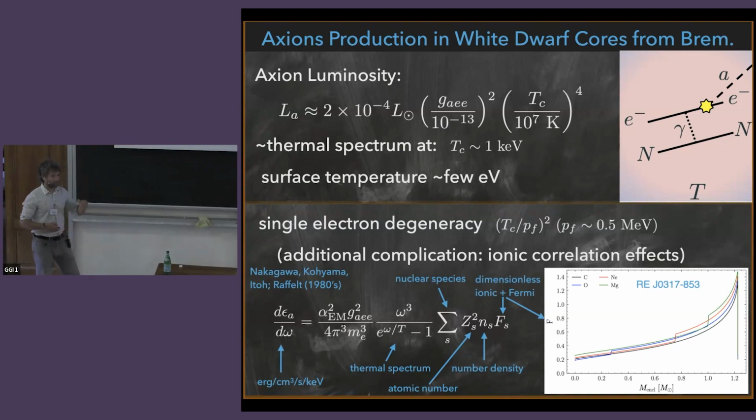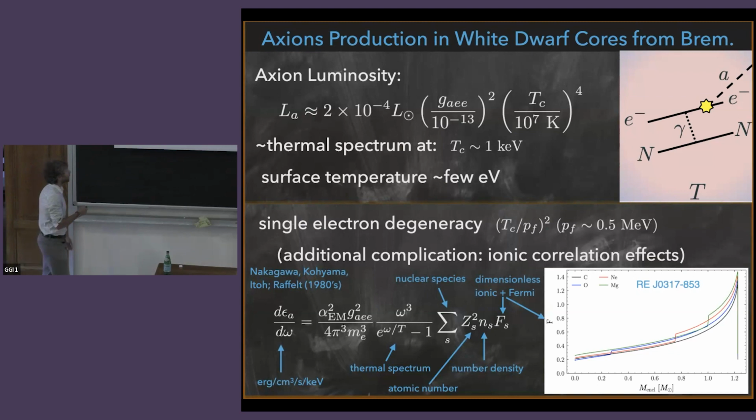The electrons are degenerate, which means they need to scatter into a free state. But most of the electrons, since they're degenerate, can't scatter into free states. They need to be living within a temperature of that Fermi shell in order to be able to scatter up into a free state. And that brings in a Fermi degeneracy factor of T_c over p_F squared. So now we have three of the four factors of T_c, and the fourth factor of T_c comes from a spin flip, which is associated with that vertex. That's the last factor of T_c.